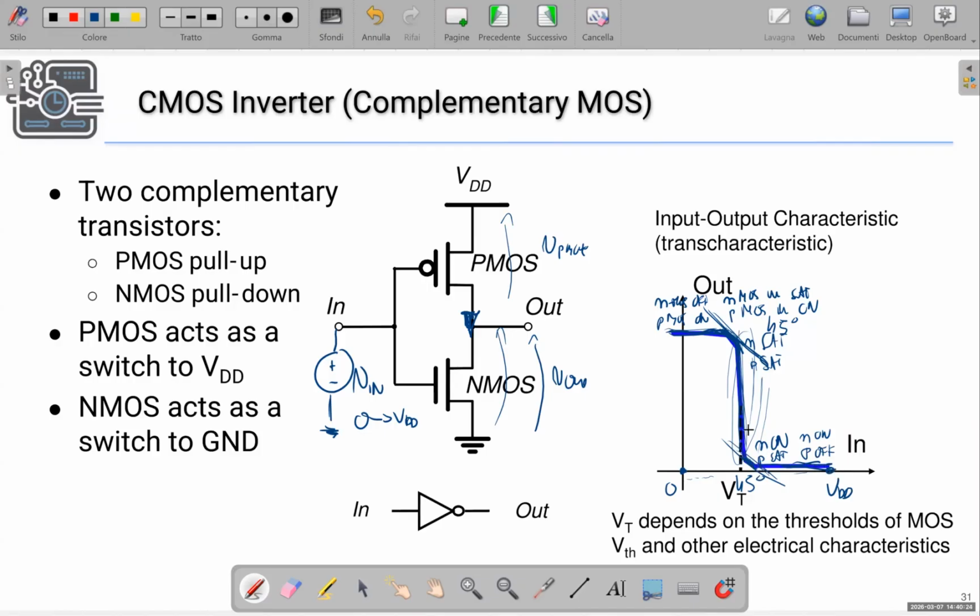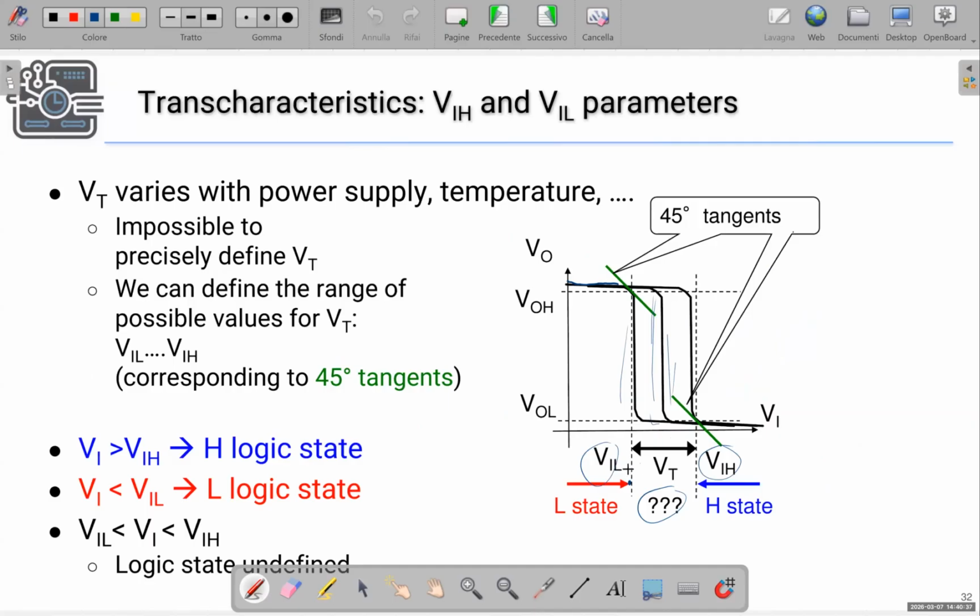On the other hand, when we are in this region, when the slope is larger than 45 degrees, we cannot decide what is the logical level. So we are in this gray area. Okay. This is something that we have already described and discussed in general with reference to the electrical characteristics of digital gates.